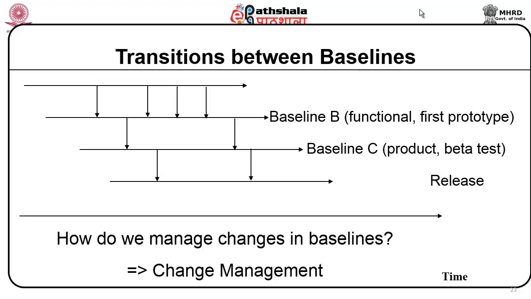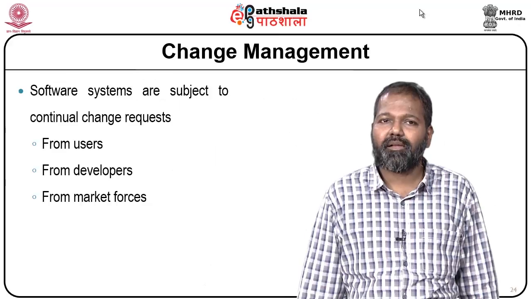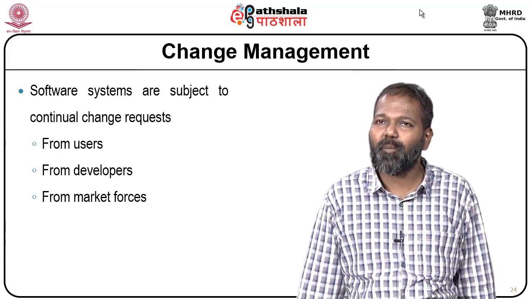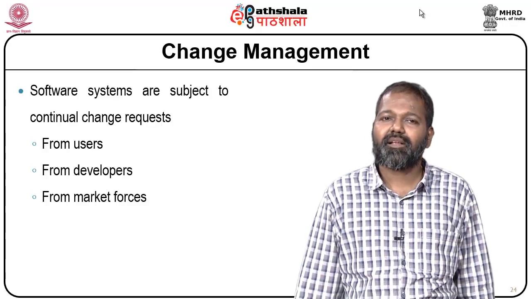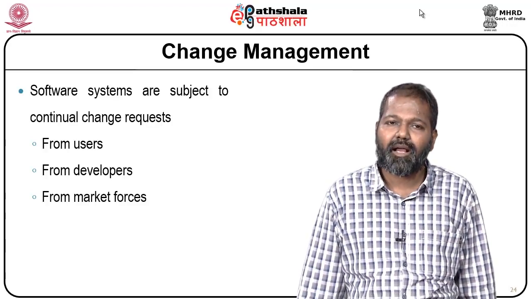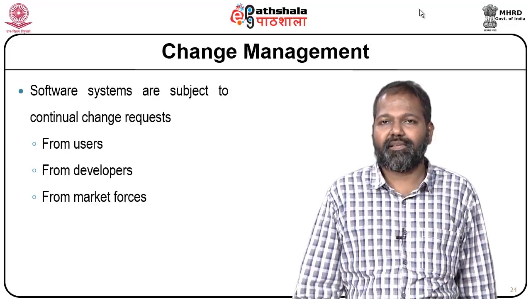Next baseline is release. How do we manage changes in baselines? We have change management procedures. Software systems are subject to continuous change requests from users, from developers, from market forces.